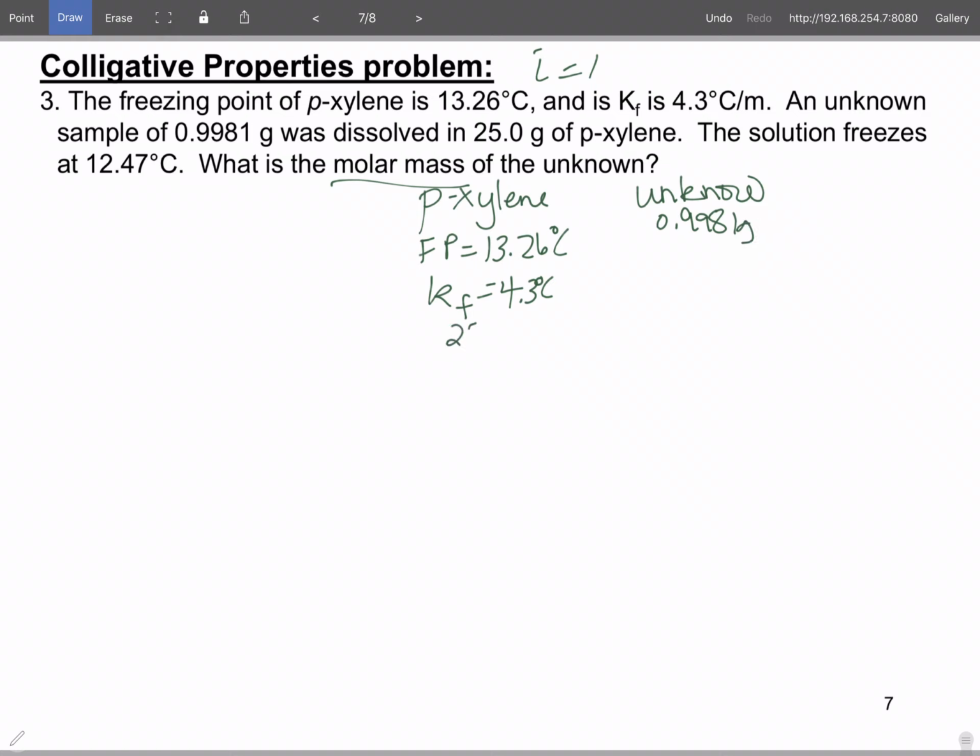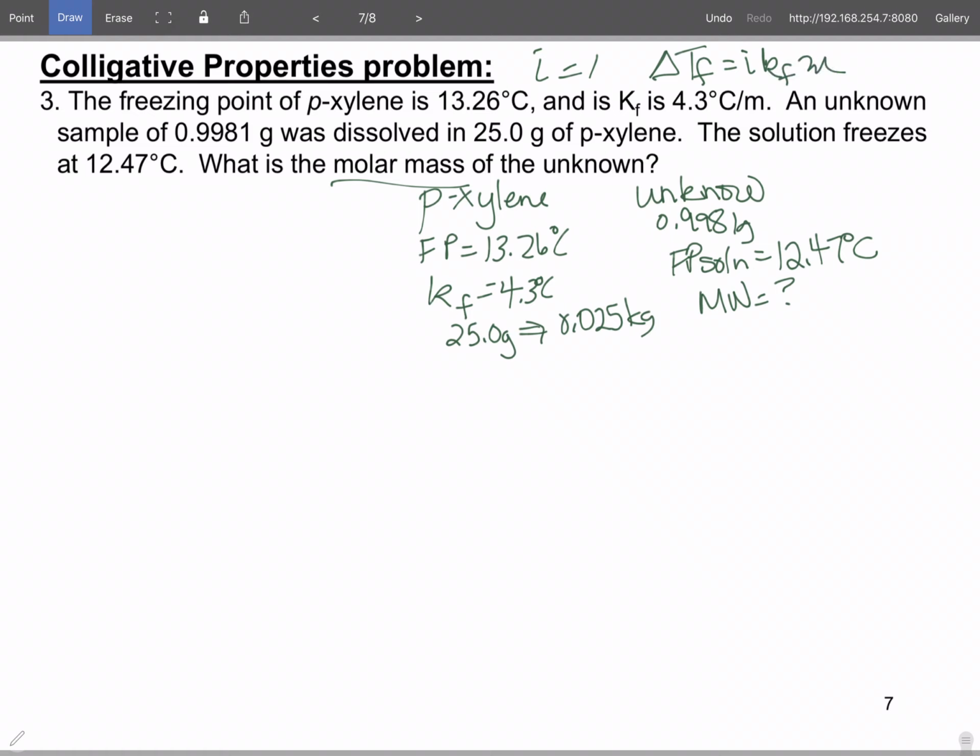We're in 25.0 grams of paraxylene, which means that's 0.025 kilograms, and we'll need it later. The freezing point of the solution is equal to 12.47 degrees C, and we want the molecular weight of our unknown. Okay, so again, delta T sub F is equal to i K sub F times the molality.